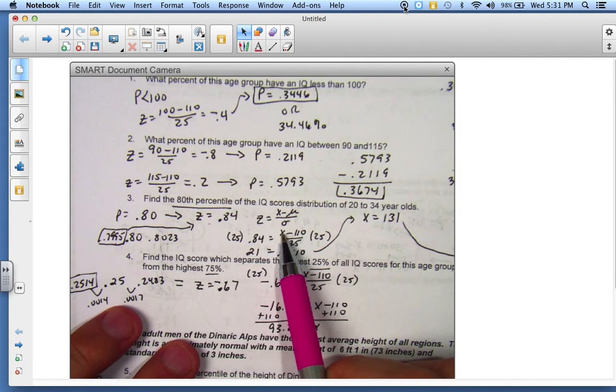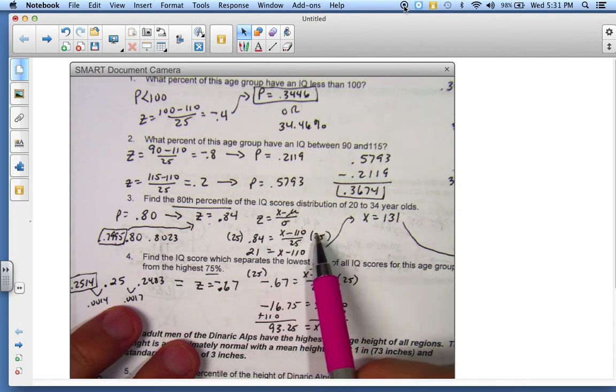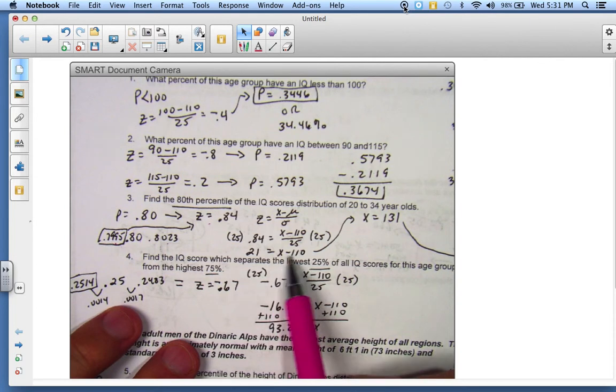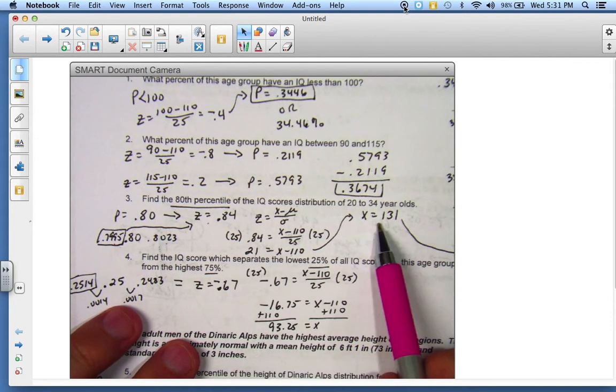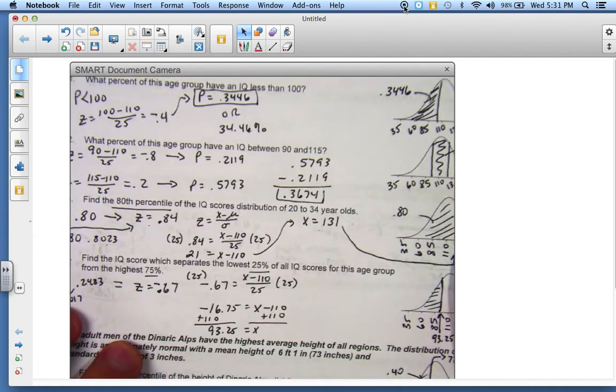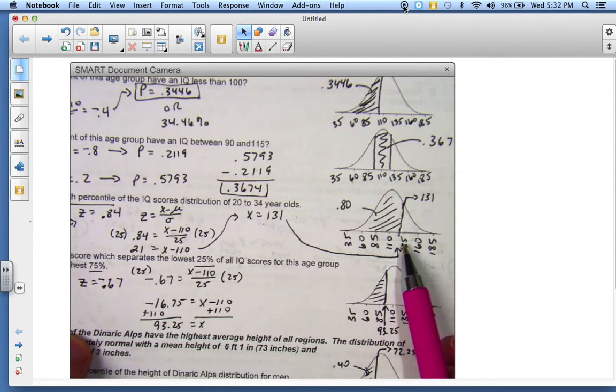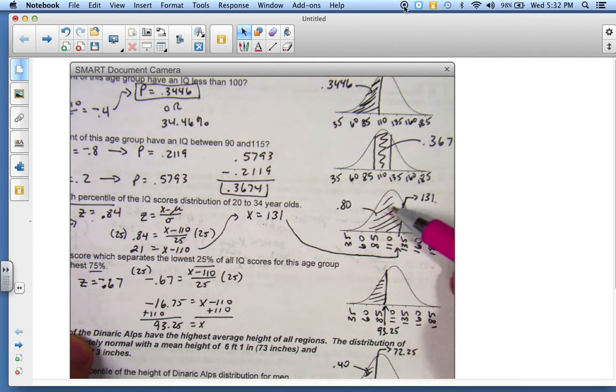That's what I'm looking for. Do a little mathematics. Add 110 to both sides, and you find that your score is going to be 131. So a score over here of 131, which would be about right here, notice I put it right here, is going to give you the 80th percentile to the left.